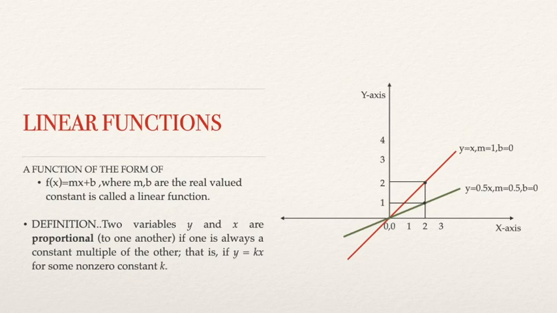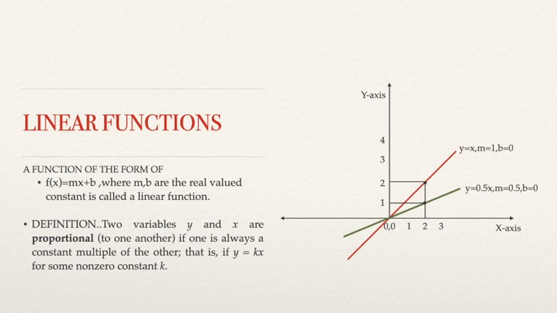Now, look at the adjacent picture, which shows an array of lines f of x equals mx, where b equals 0. So, these lines pass through the origin, because y equals mx is a straight line which passes through the origin.